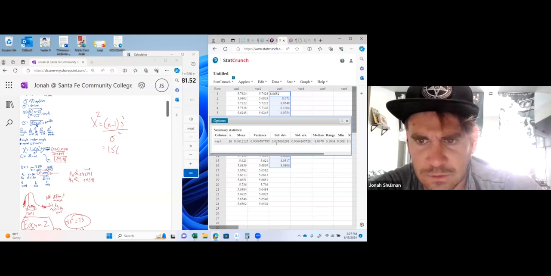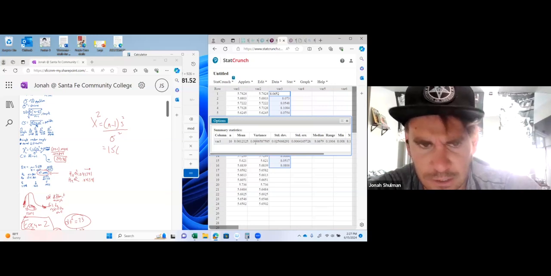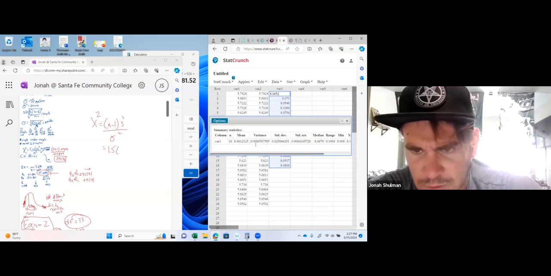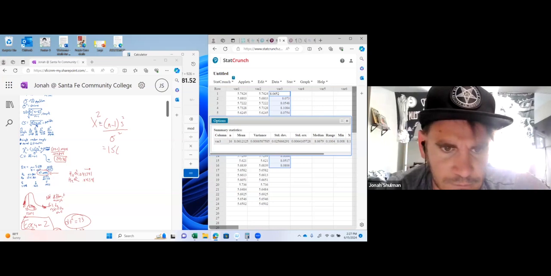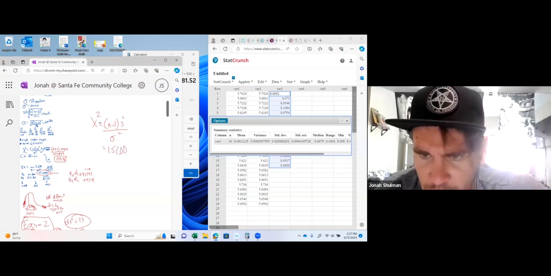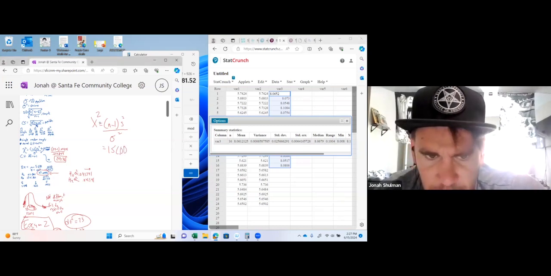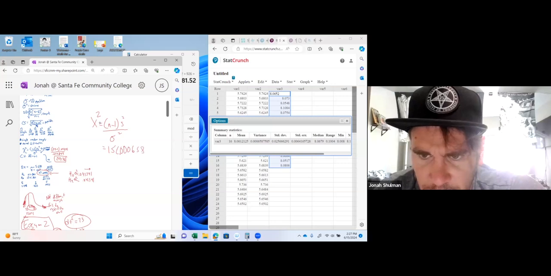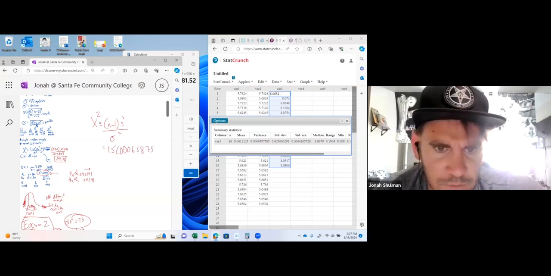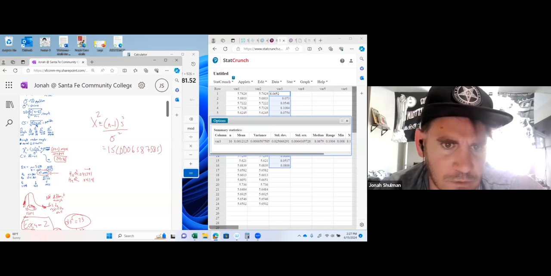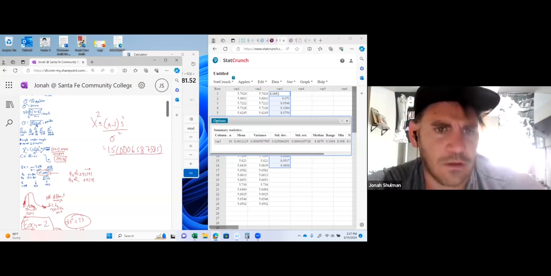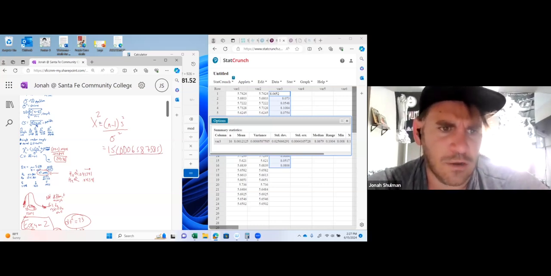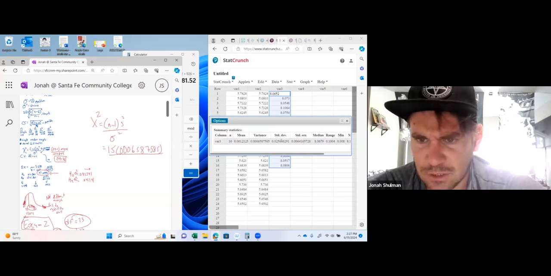So we know that the standard deviation, sorry, the variance of this is 0.0006587585. That is our variance because it's the standard deviation squared.